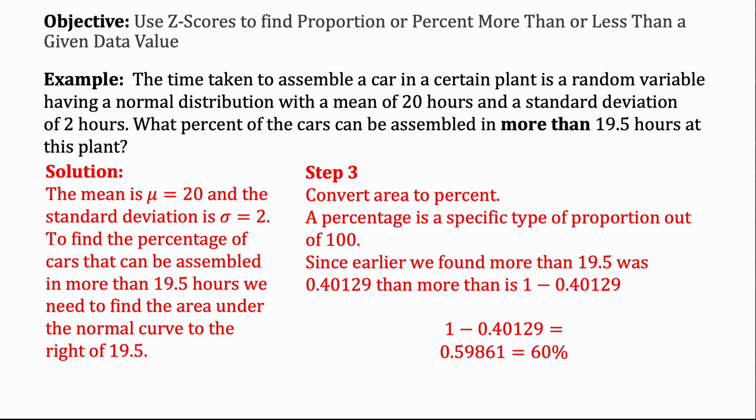And it's roughly 60% when rounded to the nearest whole number. Depending on how your problem is worded, we could have even left it 59.871% if we needed to be that accurate. Just watch how they've asked you. But it would make sense that if 40% would be the amount that was made in less than 19.5 hours, then 60% would be the more than 19.5 hours.